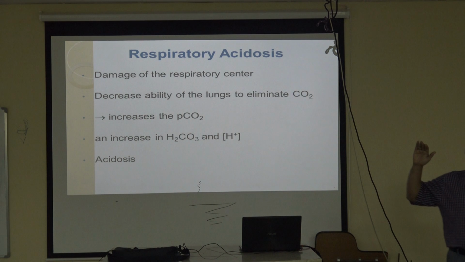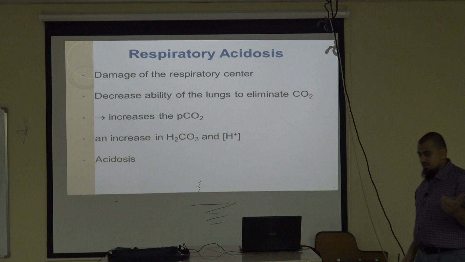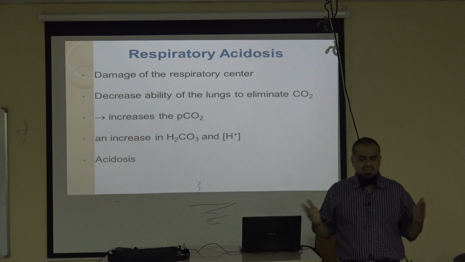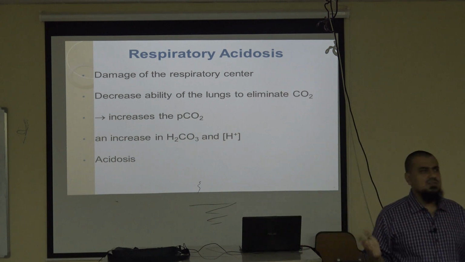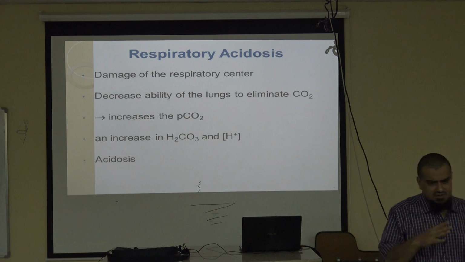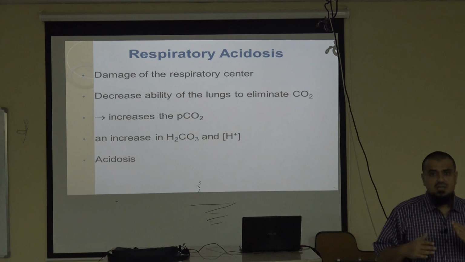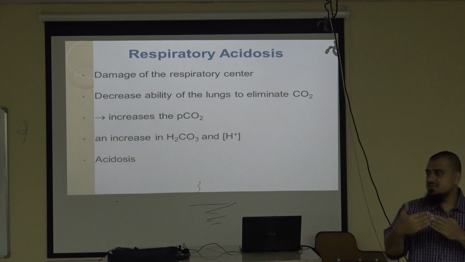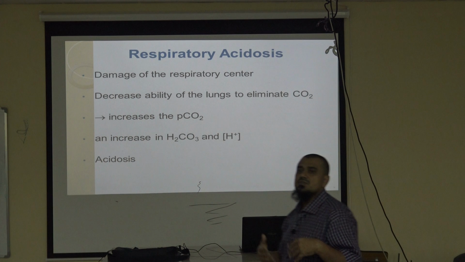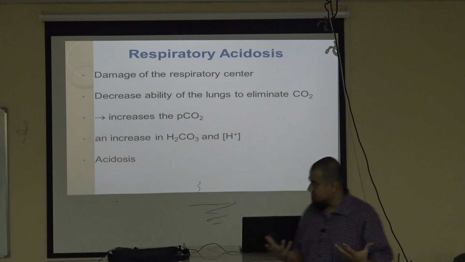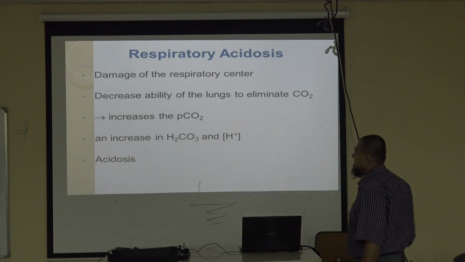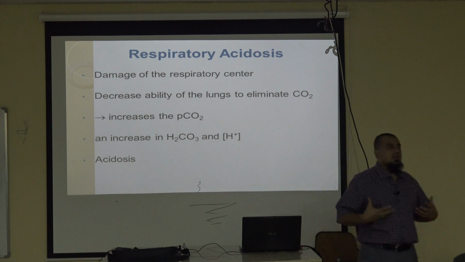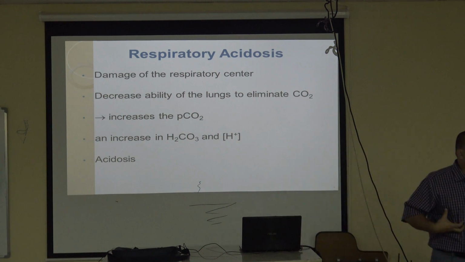Now, anything that damages the respiratory center, or causes depression of the respiratory center, leads to this. Similarly, when I came with Dr. Wajid in one of the lectures, we discussed diffusion of gases across the cell membrane. If anything is wrong in this diffusion and the respiratory gas exchange is not normal, you develop accumulation of carbon dioxide. Clear? What else? If the lungs are not fully developed, or if there is pneumonia.